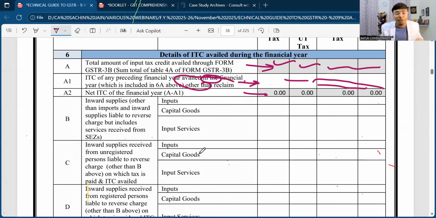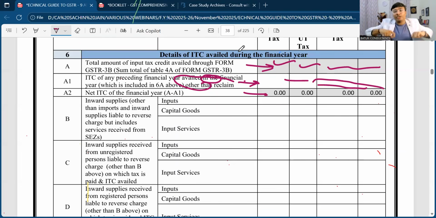Now, we have one question from HP sir. Re-explain the last date of ITC taken. Sir, for ITC and for output supply, for both the things, we have an extended timeline. That is, the government said that for a particular financial year, if you forgot to claim any input tax credit or to show any output tax liability, you have a timeline. You can show it till 30th November of the subsequent financial year.